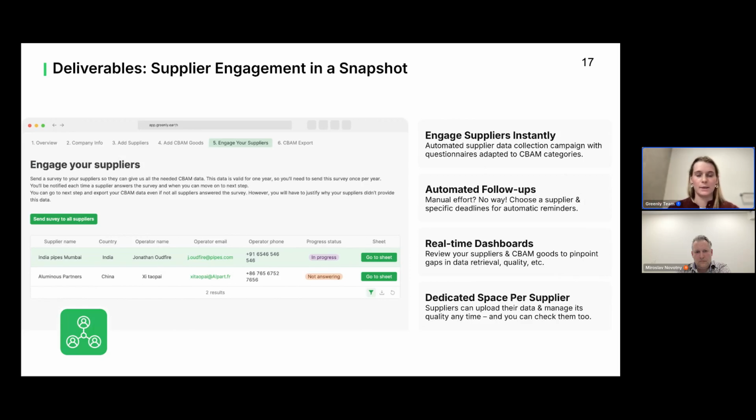This will be automatically populated into your own version of the platform. So it makes it as easy as possible for suppliers to comply, which minimizes the risk of non-compliance on your end, while ensuring a fully auditable record of all data collection efforts.